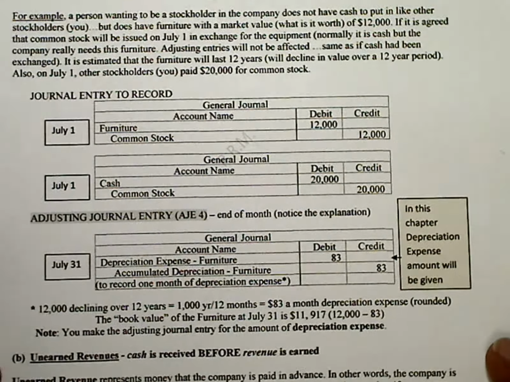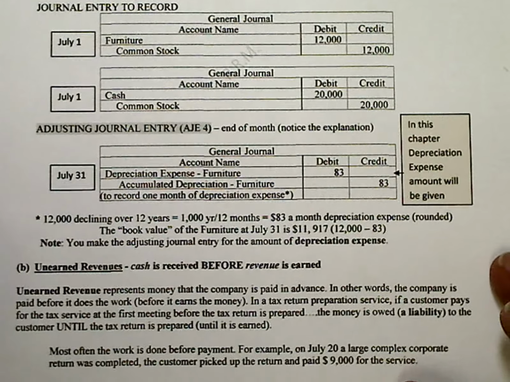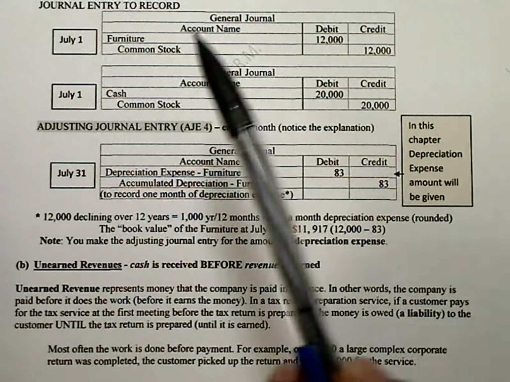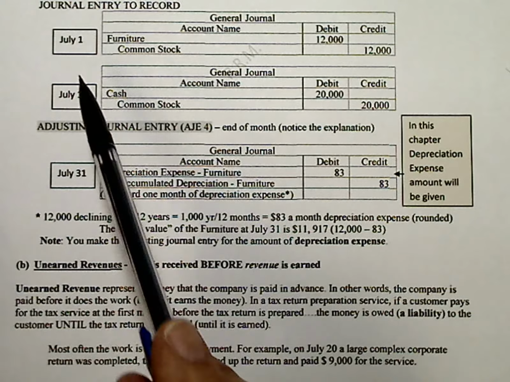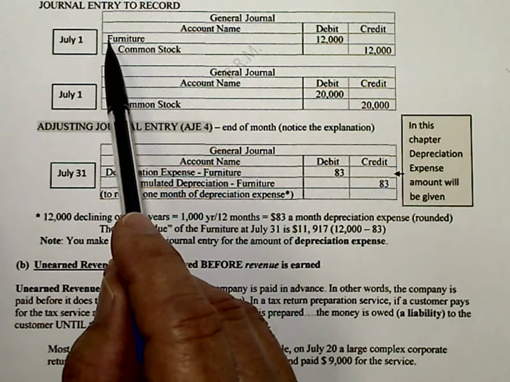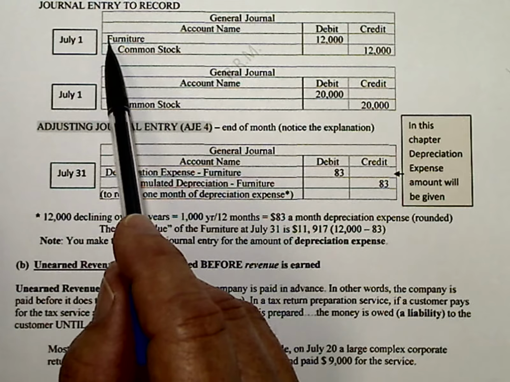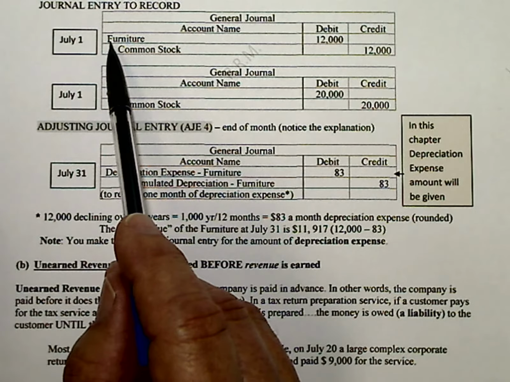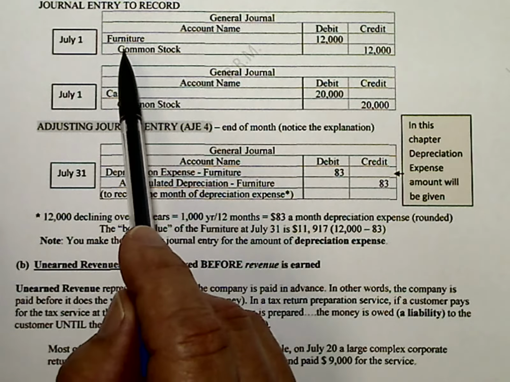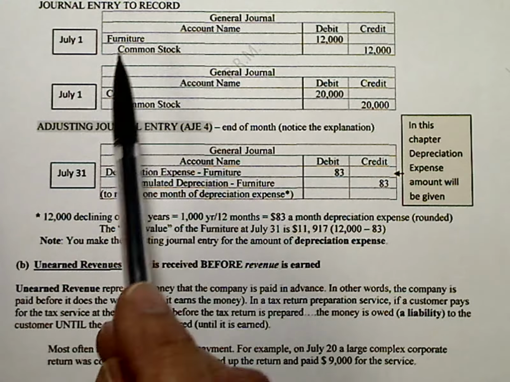So to record this will be an ordinary entry type, chapter 2. Here we have on day 1, furniture goes up by $12,000. That furniture is turned over to the business and common stock is issued. Furniture up, common stock up.